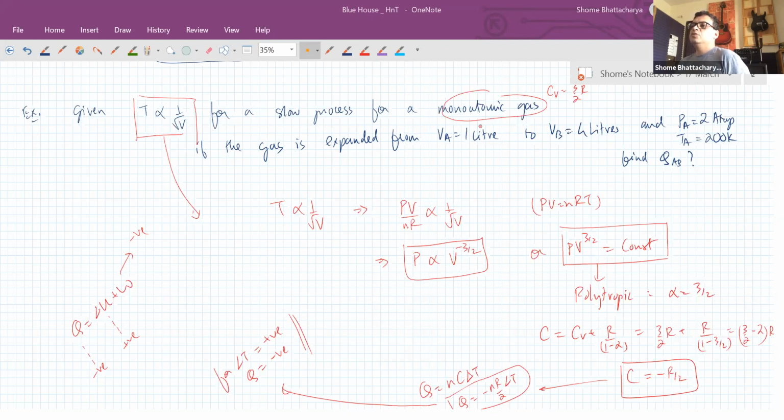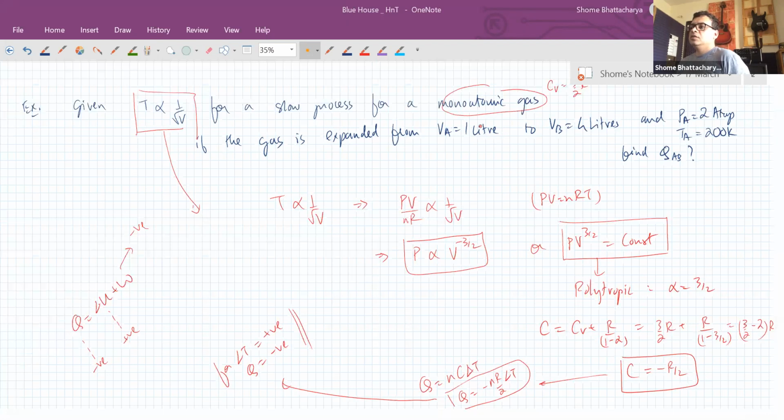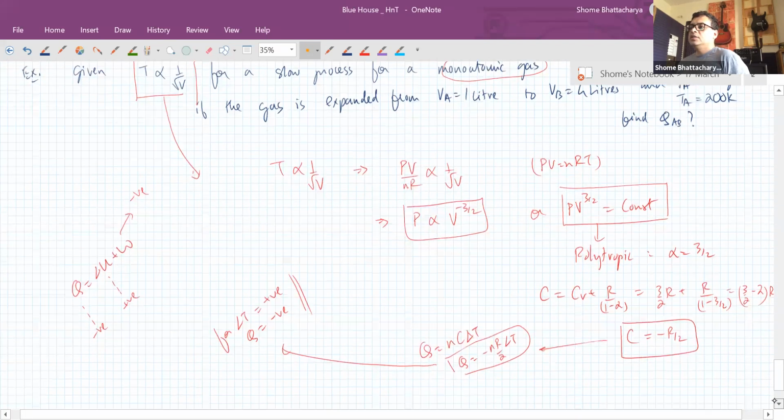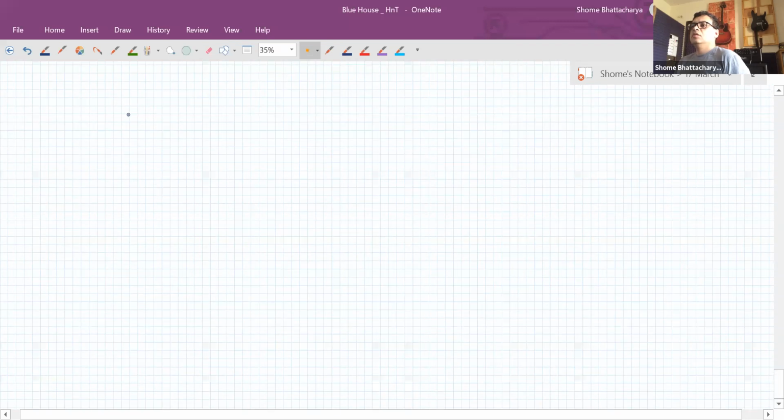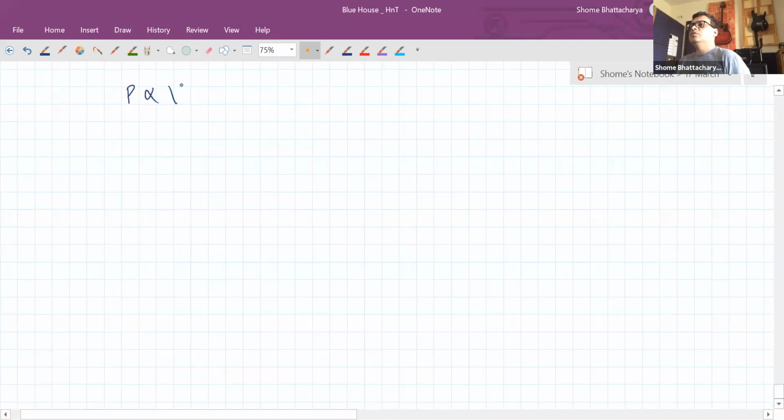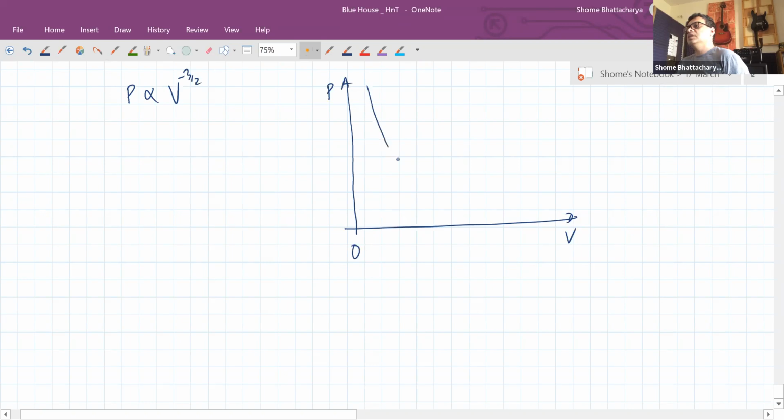But even before we come to that, let's understand why this is the case actually. So P is proportional to V to the power minus 3 by 2. On the PV graph, that will look like a very sharply decreasing hyperbolic curve, like this.